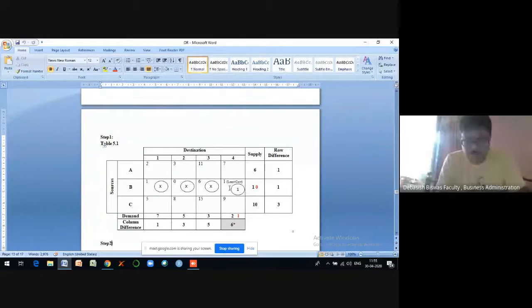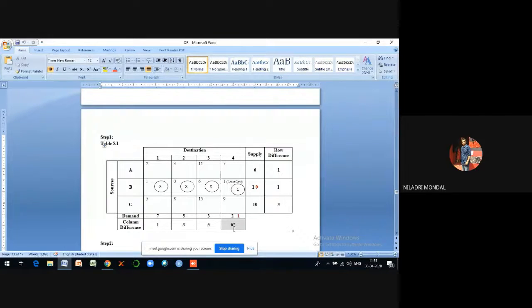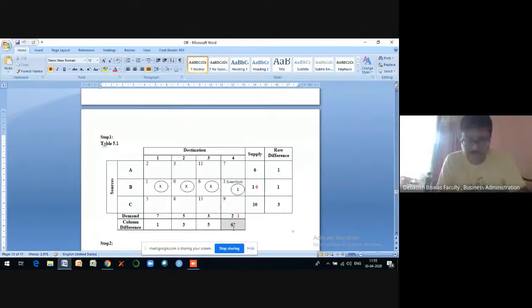Okay, so I hope you understood. 6 has been identified, and corresponding to this 6, the column is 7, 1, 9. Now out of these 3 elements, we have to search where the lowest element exists. So 1 is the lowest element, right?